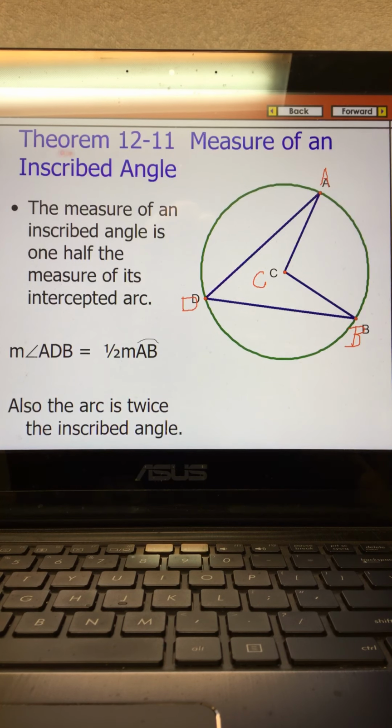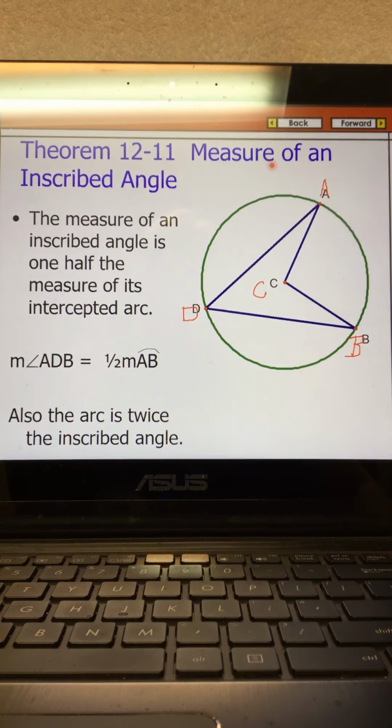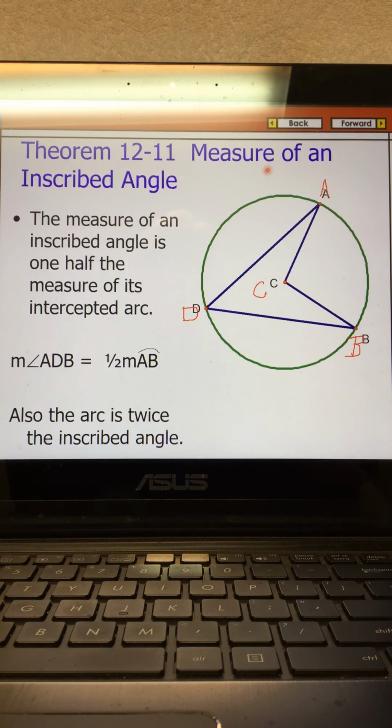All right, this is theorem 12.11. It tells us how to figure out how much this inscribed angle would measure. It says the measure of an inscribed angle is half the measure of its intercepted arc.